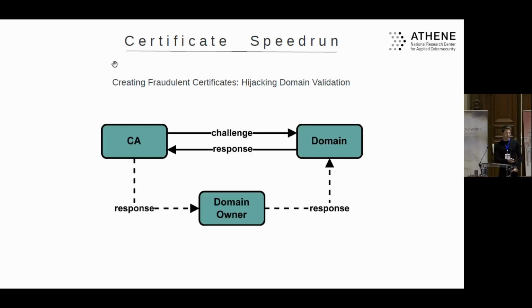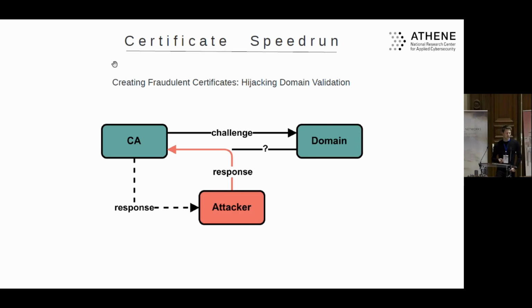And this can happen in a few ways, one of which, CA compromise, is always an option. Another option that previous work has shown, which was kind of the motivation for this work, is hijacking the domain control validation procedure that many CAs use to validate control of a domain, to ensure that the person requesting the certificate is authorized to make this request. It's a simple challenge response system.